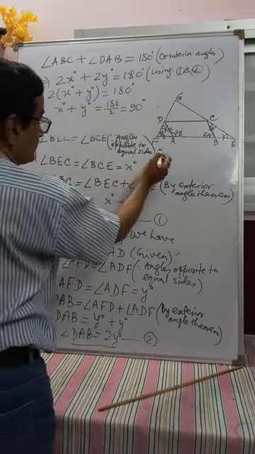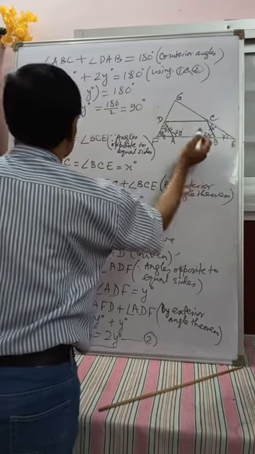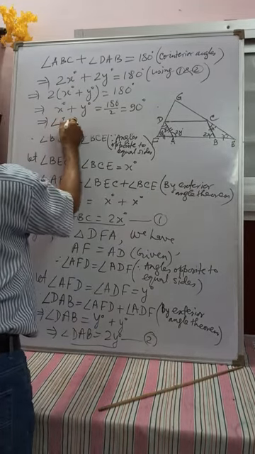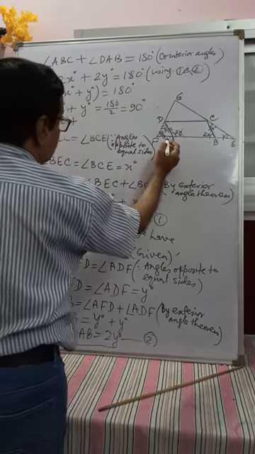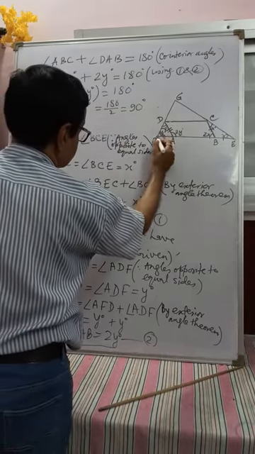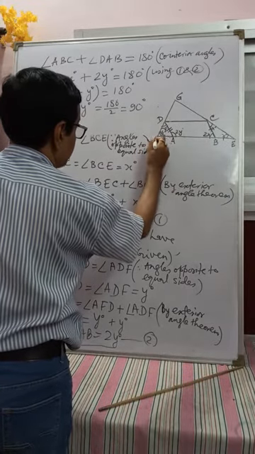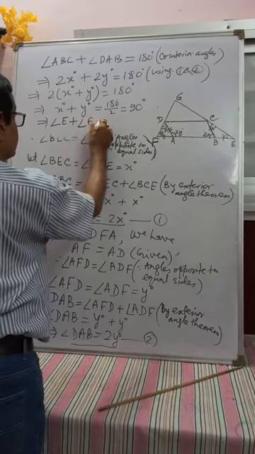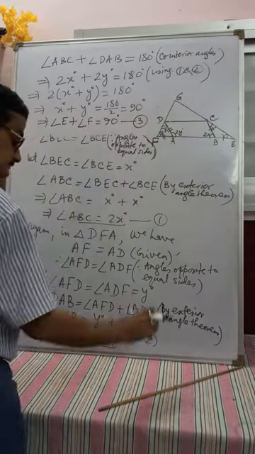Now x degrees means angle BEC, that is angle E in single letter, and y degrees means angle F. So angle E plus angle F is 90 degrees. Suppose it to be result 3.